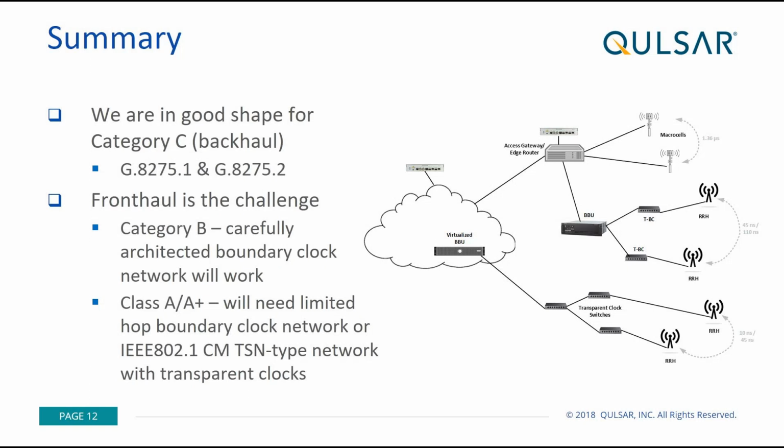But rest assured that Pulsar is working on solutions that will allow us to achieve those 45 and 10 nanosecond requirements when they become needed in the second phase of 5G deployment.